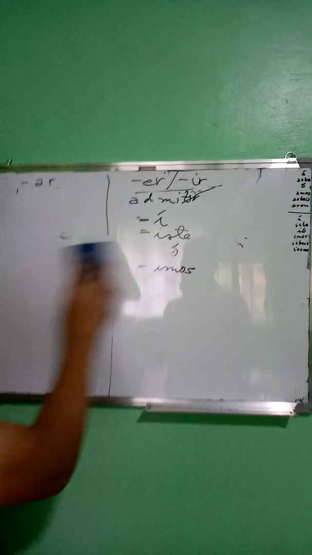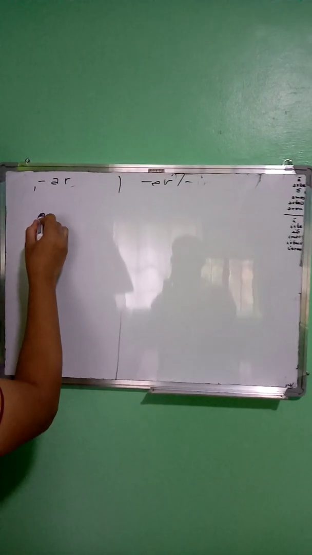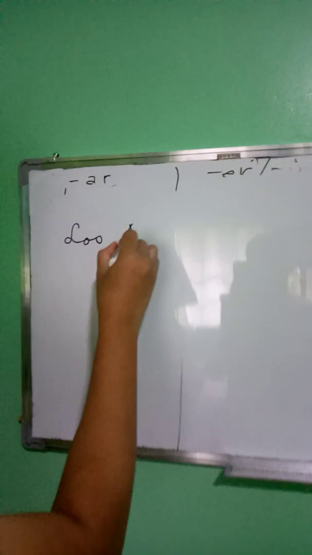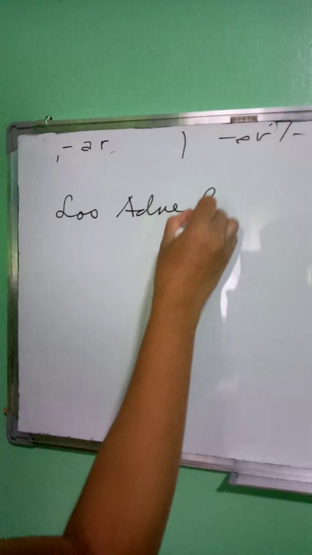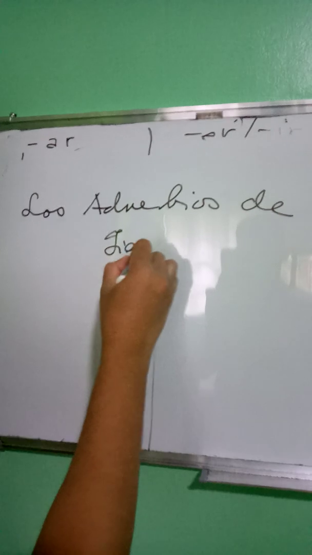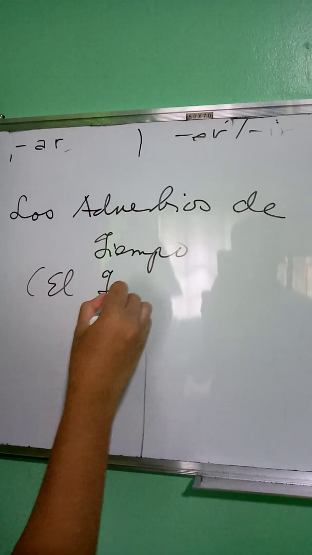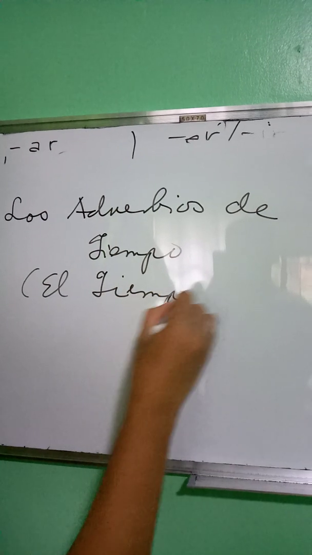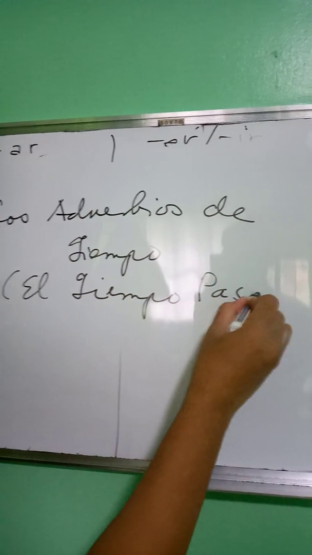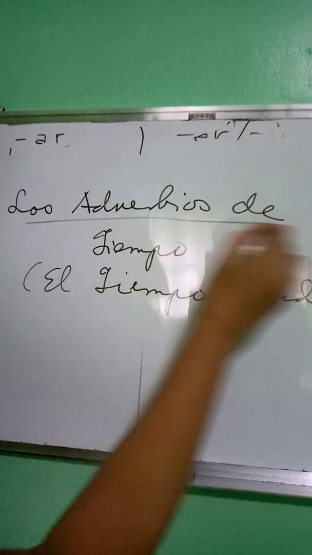And last time, I also discussed about, what did I discuss? The adverbios de tiempo. These are adverbs of time in el tiempo pasado. No? El tiempo pasado, past tense, in the past. No? So what are those again?